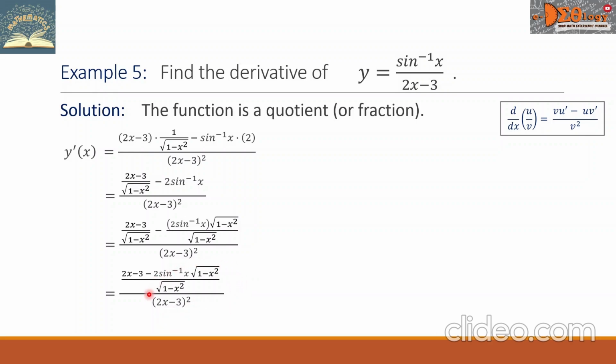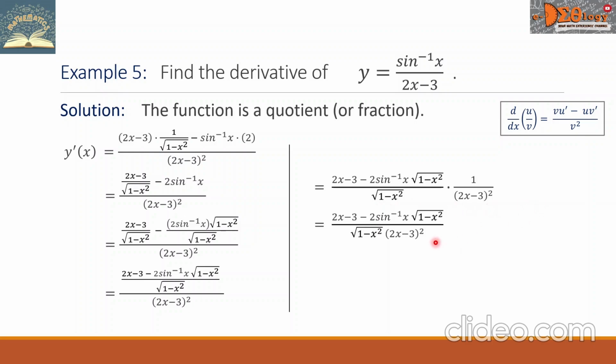At this point, we can simplify this complex fraction into like this, meaning this numerator as a fraction we copy as is, multiplied by this denominator that we flipped upside down. So we have this 1 over the square of 2x minus 3. Then simply we multiply the two fractions. So in the denominator, we can simply put together the two functions. So it becomes like this. This is the final answer.